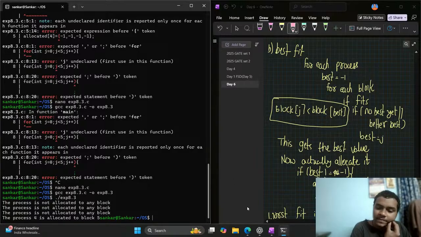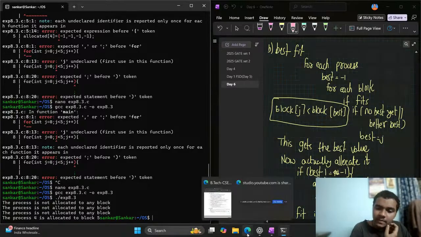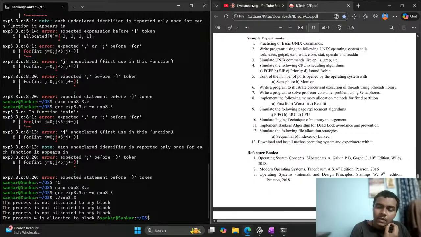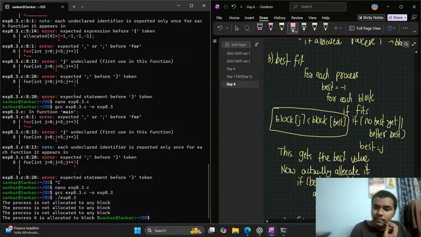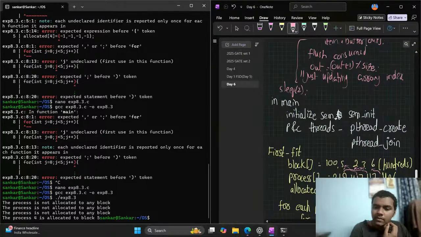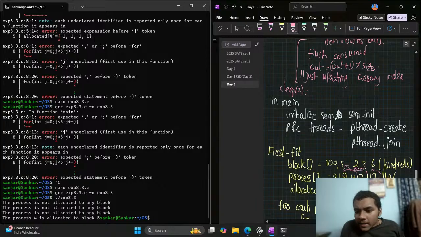Nice. That is the worst fit. If you look at the worst fit, 212 should be allocated to 600. 427 should be allocated to that, and it got allocated.